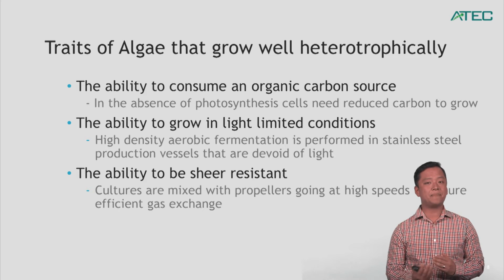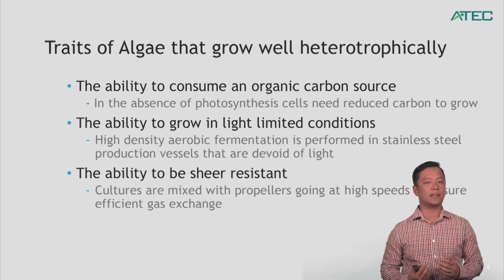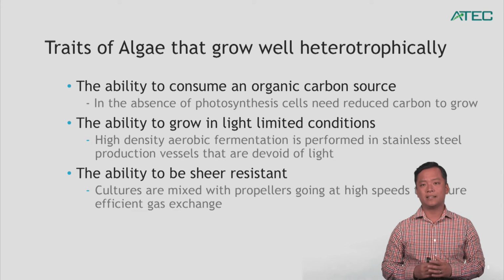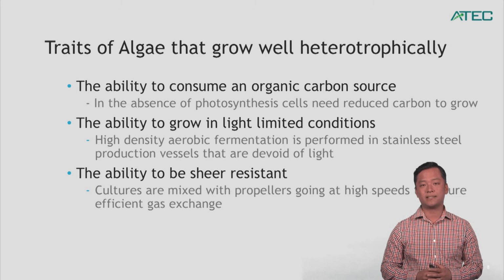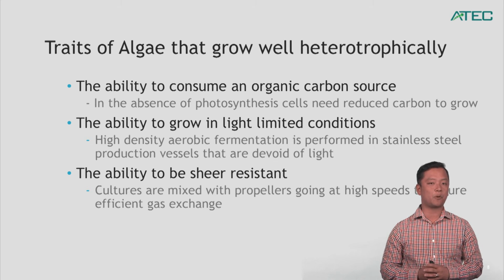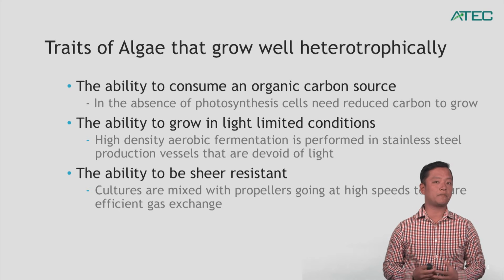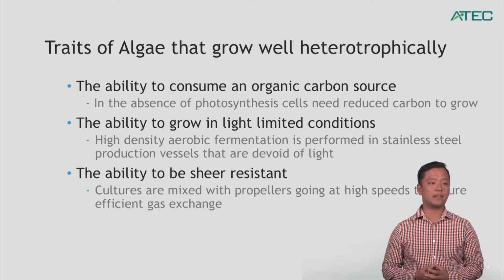When that happens, the shear increases quite drastically in the tank, with propellers going above 1,000 RPM. You can imagine the stress that would cause. A lot of algae will just shear under that type of stress, and there are really only a select few that can tolerate that kind of force. Those are pretty much the three key characteristics that we look for when we're trying to decide which strains of algae we want to grow heterotrophically.